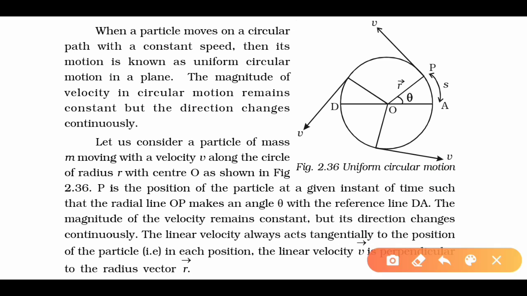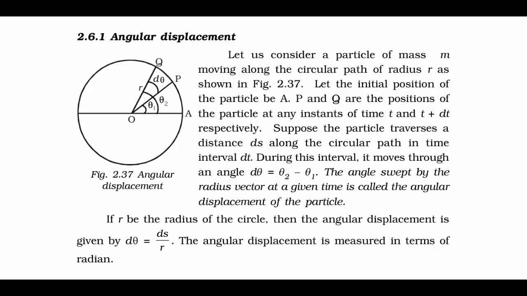So you can see in the diagram, at each point velocity will be perpendicular to the radius. Again here you can see velocity is perpendicular to the radius. This one is radius, again here this one is radius and this one is velocity, okay. So remember this point, linear velocity is always perpendicular to the radius vector r, okay.